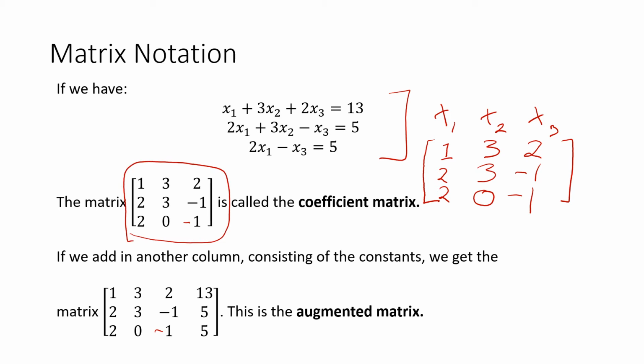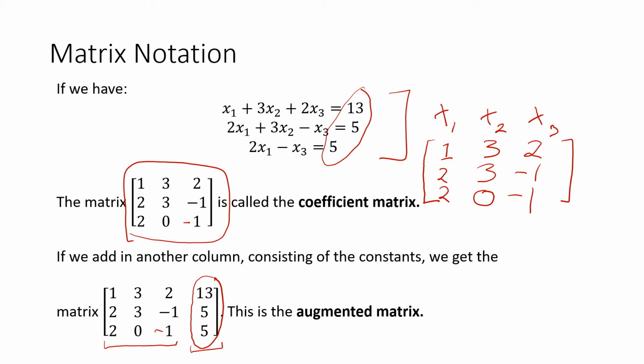But now that's not all my numbers. I also have these numbers on the right-hand side, my constants. These constants on the right-hand side, I'll often put them in another column in my matrix. So you see, here are my coefficients. Here are my constants.